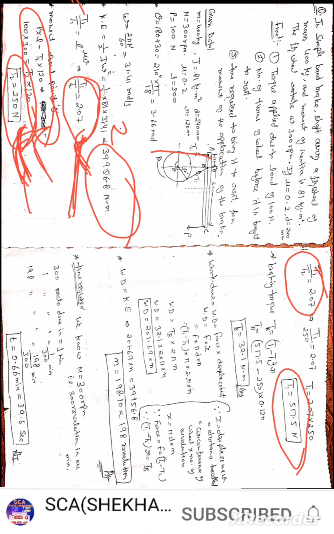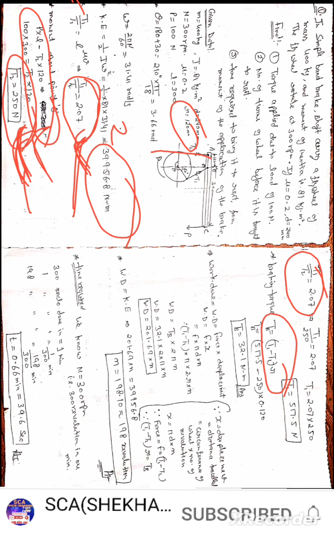Now move on to finding the braking torque. Braking torque is equal to force into radius of drum. Force will be T1 minus T2, so braking torque will be T1 minus T2 into R. The radius of drum is 120 mm.